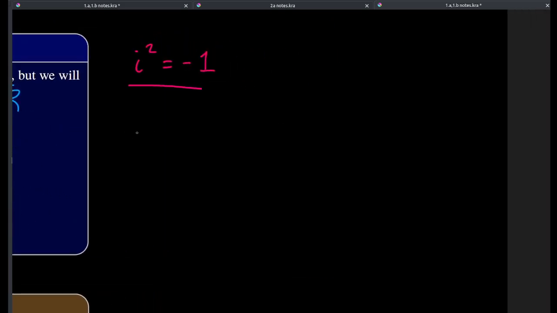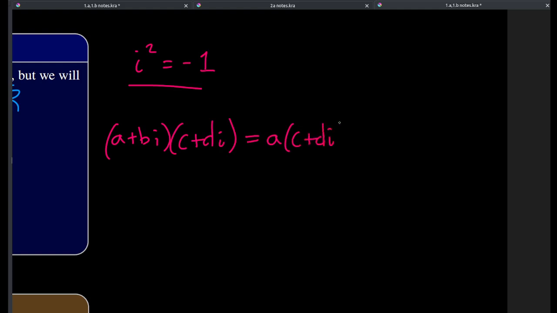Let's do it. Okay. (a plus bi) times (c plus di) is equal to, well, just carry it on through. a times the whole quantity (c plus di) plus bi times the whole quantity (c plus di). Okay, fair enough. Just distribute it on through.